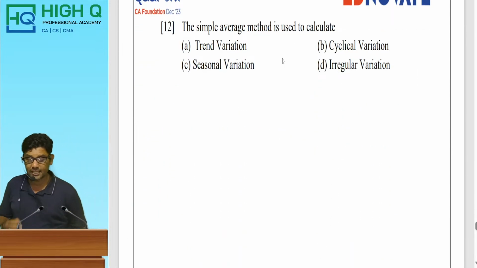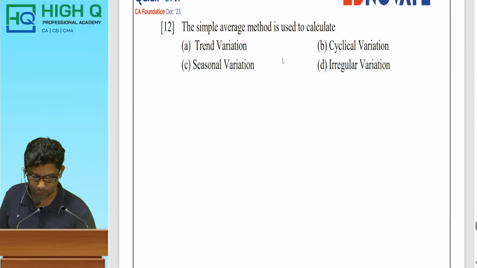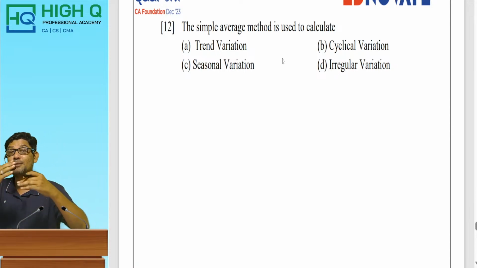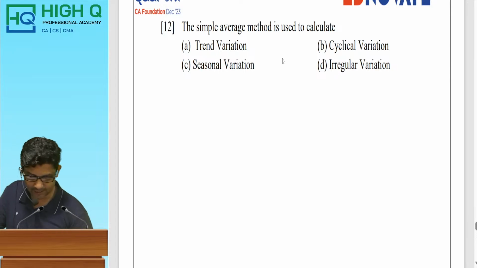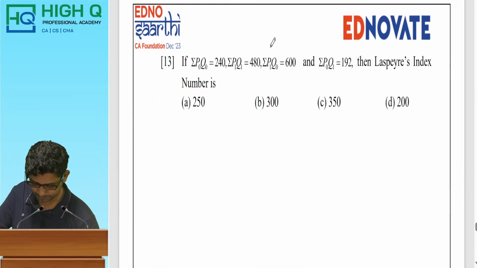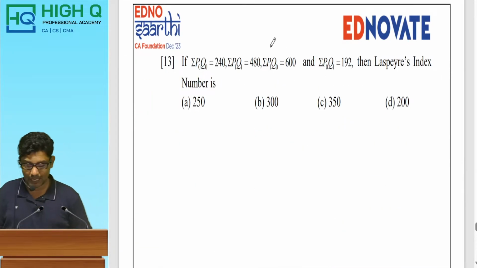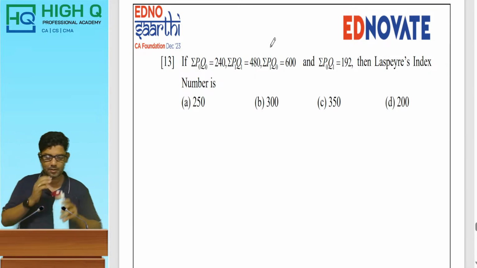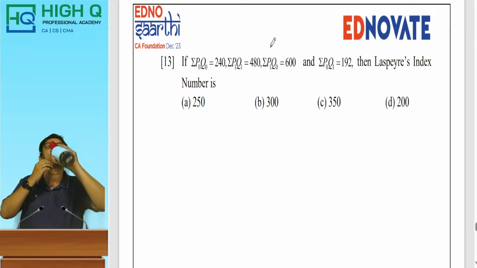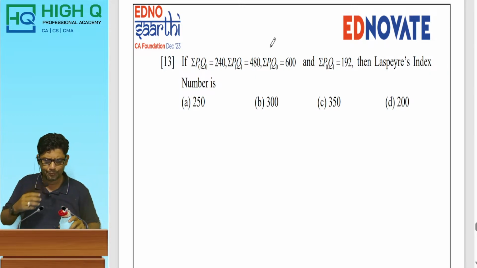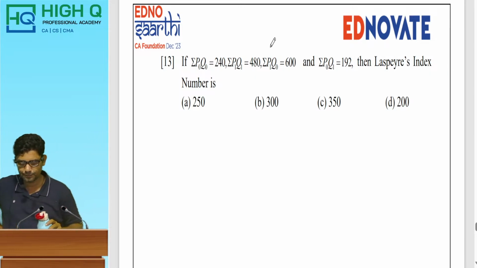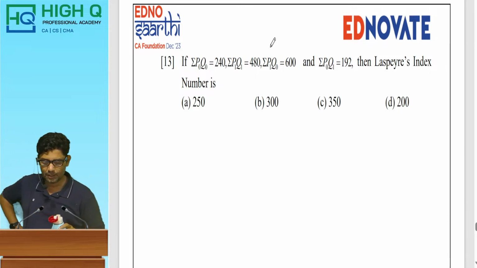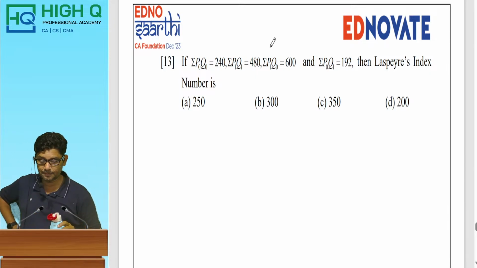Now, the simple average method used to calculate what? Oh, sorry, this is not there in our syllabus. It is from time series. By mistake, it has come here. Can you find out Laspeyres' index? It is Laspeyres' index, my dear.